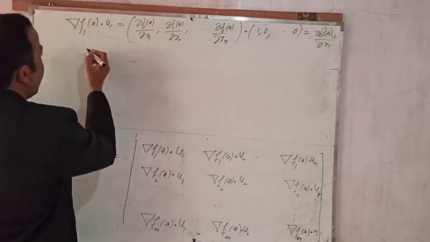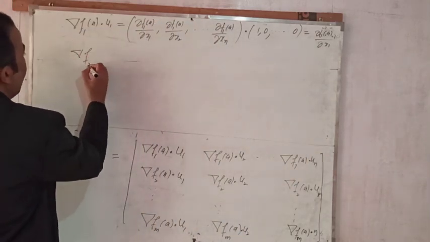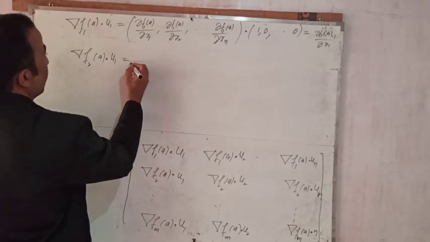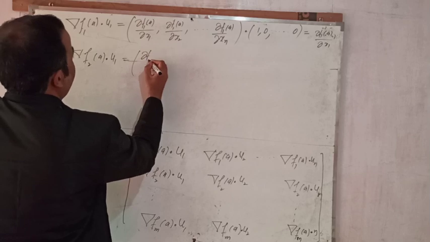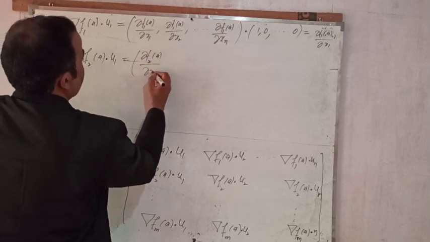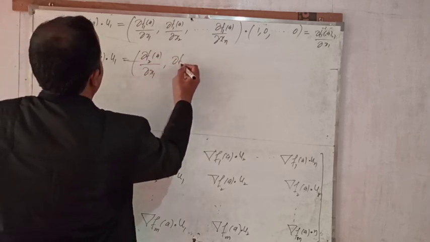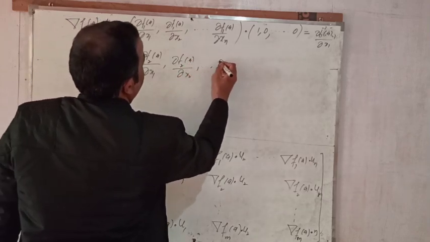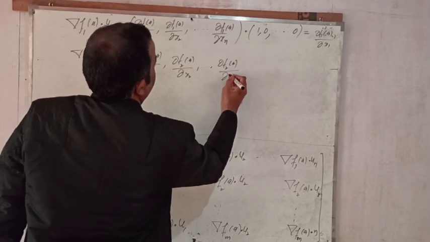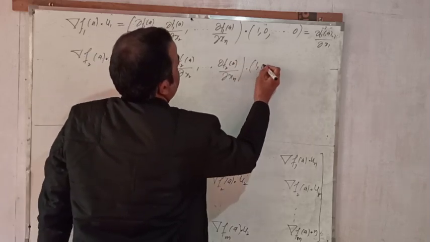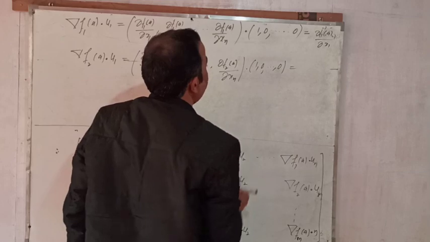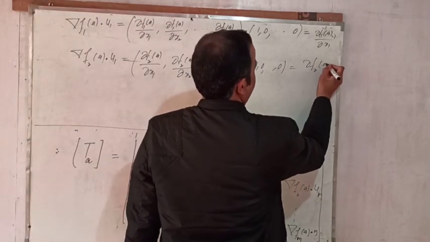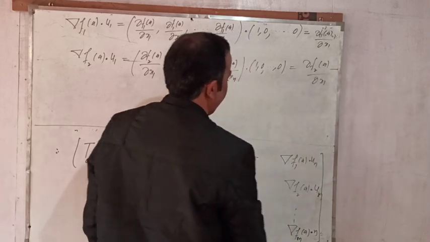Similarly, when you go for delta of F2A dot U1, you will have delta F2A by delta x1, delta F2A by delta x2, so on, delta F2A by delta xn dot 1, 0, so on, 0. Taking the dot, only the first component is there, that's delta of F2A by delta of x1.